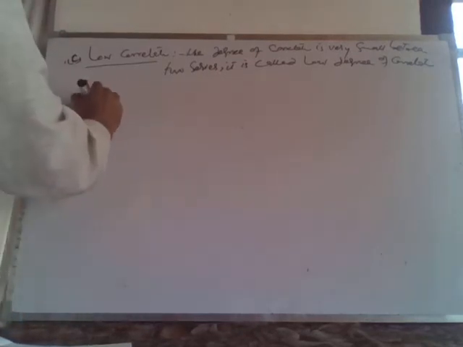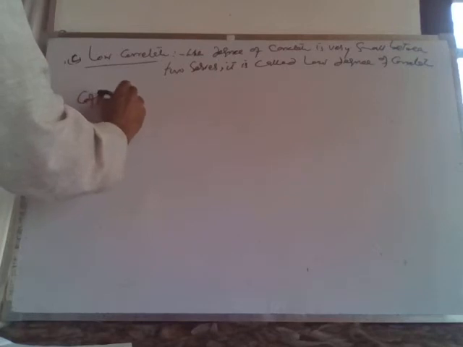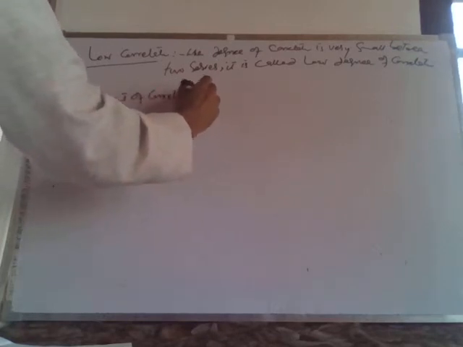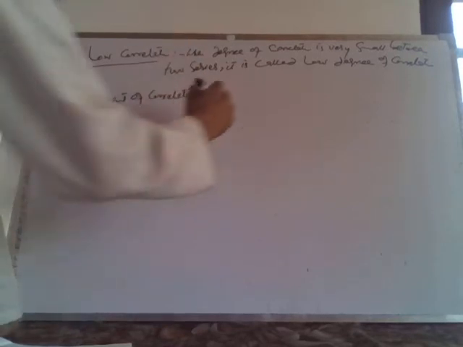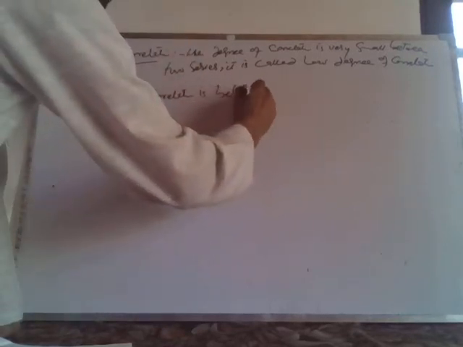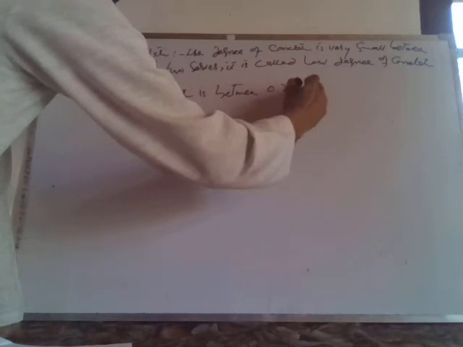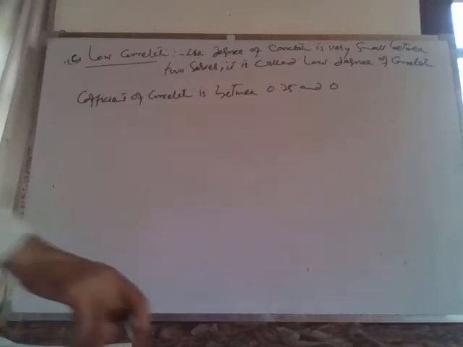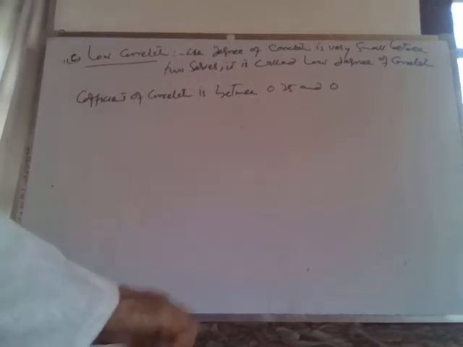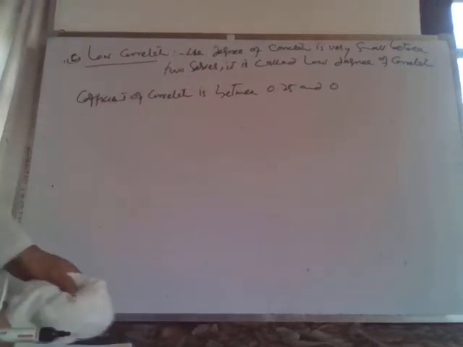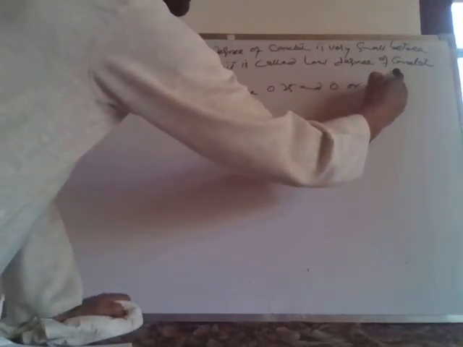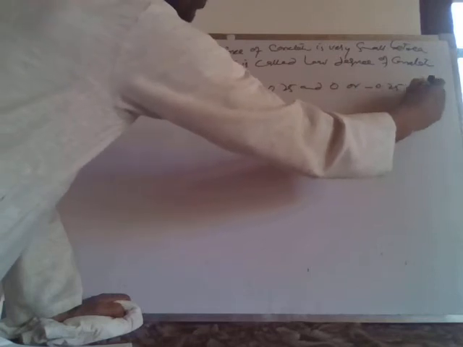कोफिशिएंट क्या होता है? कोफिशिएंट ऑफ कोरिलेशन at that time is between 0.25 and 0, or between minus 0.25 and 0.